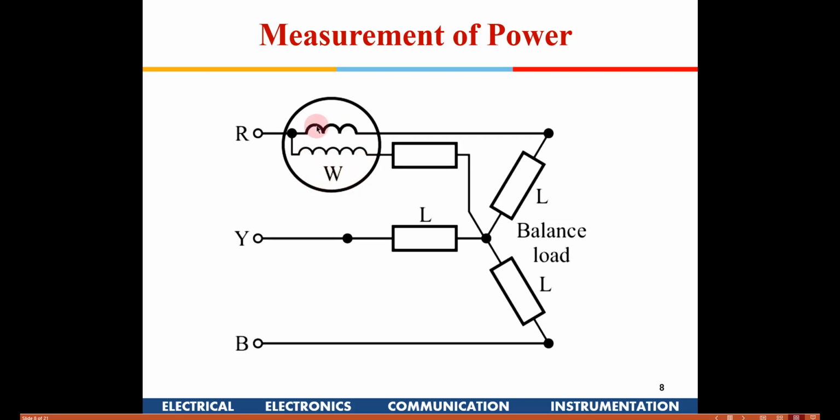Have you done an instrumentation course as of now? Have you learnt about wattmeters? Voltmeters, wattmeters? Yes, you have done it in your basic classes. So for a wattmeter you need to feed the current as well as the voltage.